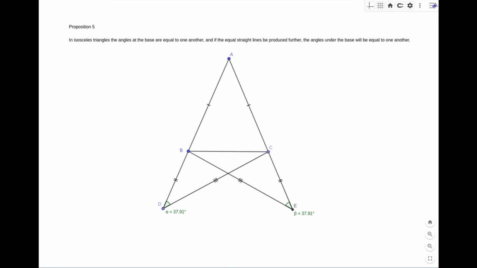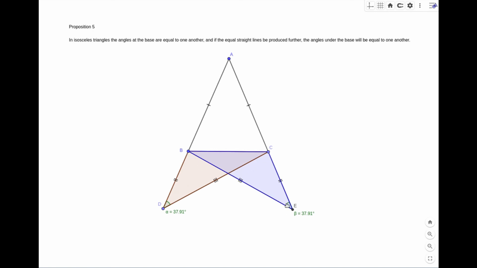What we're going to be interested in this case is triangle BCD and triangle BCE. In each one of these triangles we can see that we have two sides that are going to be congruent.